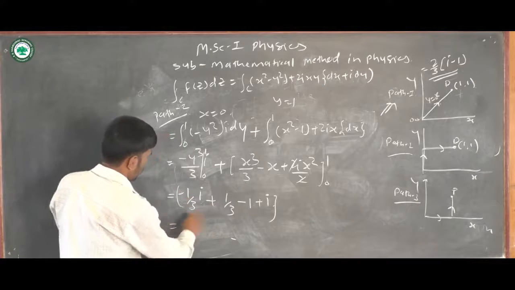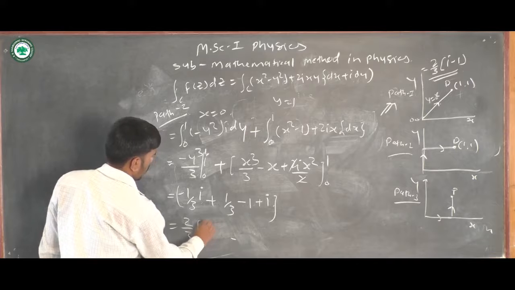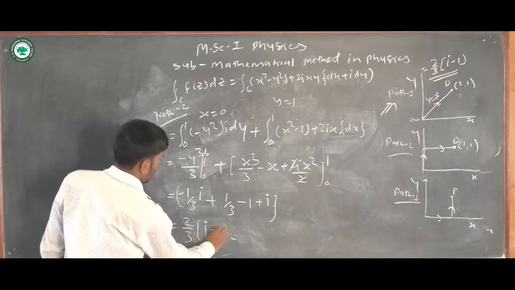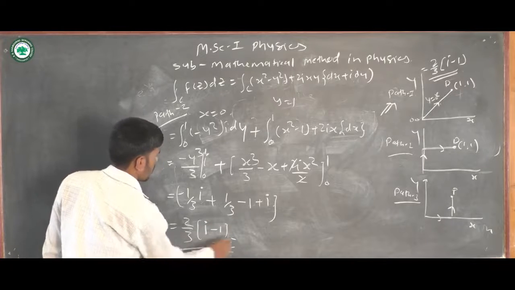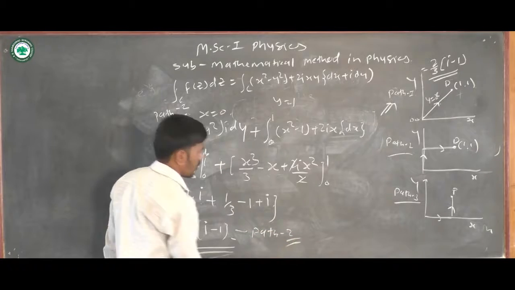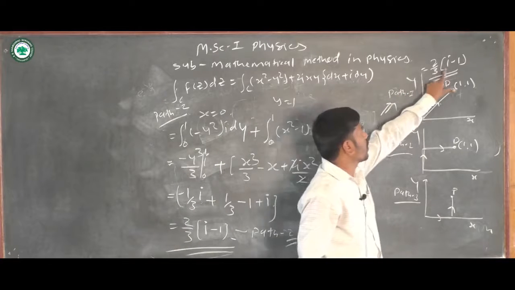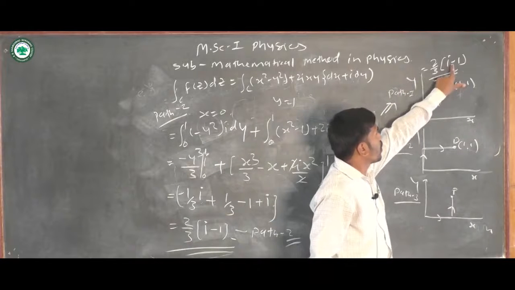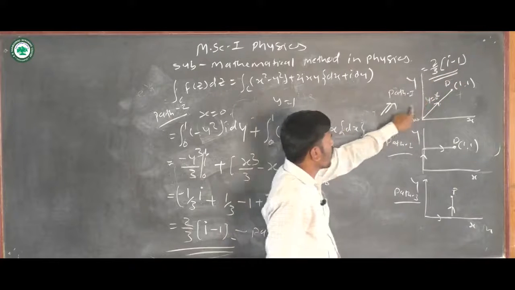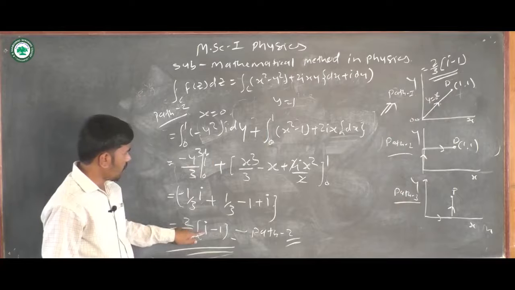If we calculate or simplify, we get 2 by 3 into i minus 1. The same result we get for path 2. So this 2 by 3 into i minus 1 is the result for path 1, and for path 2 this is the result 2 by 3 into i minus 1.